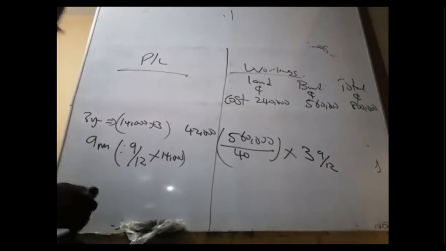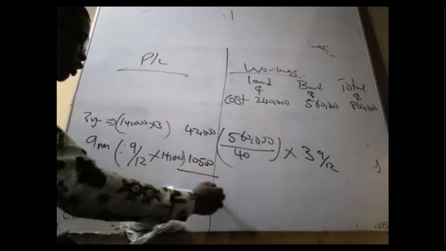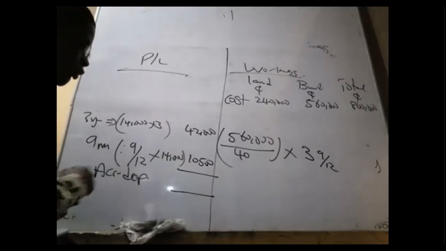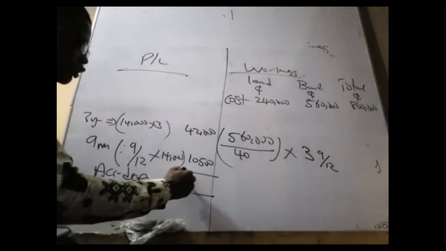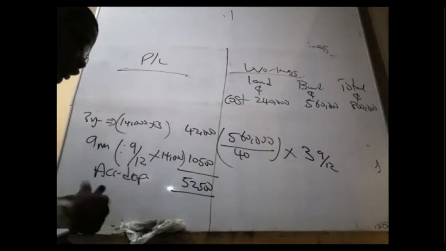Yes, I think it's 10,500. Therefore, the total accumulated depreciation, putting the two together, is 52,500, right? Perfect. So you come here and write this up.